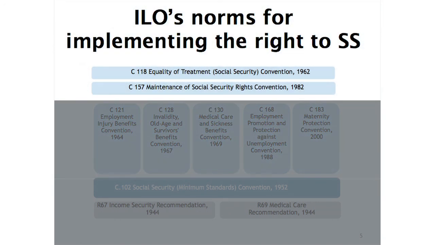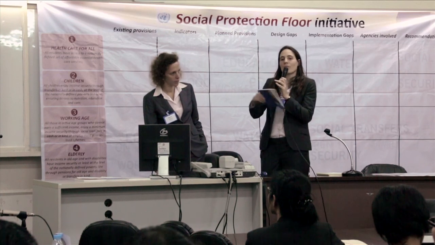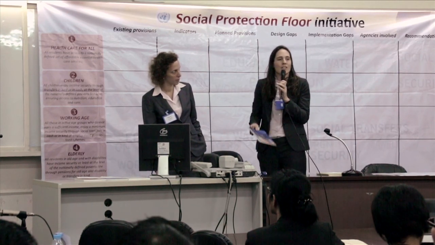And then you have a more recent umbrella convention with a basic principle, which is equality of treatment and maintenance of Social Security rights if you move from one scheme to another, from one country to the other.